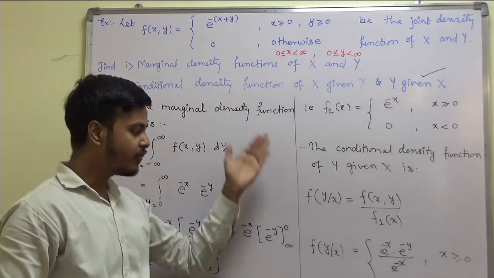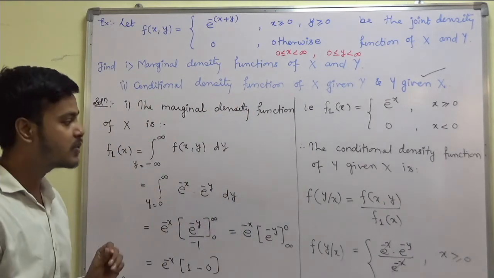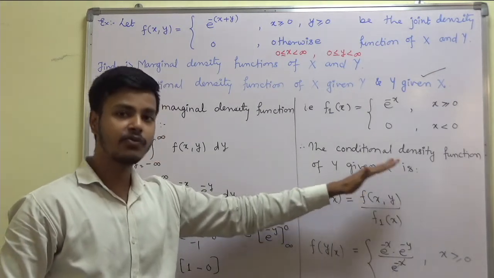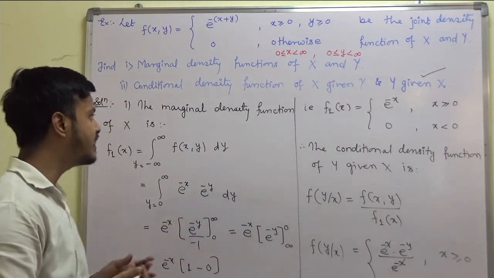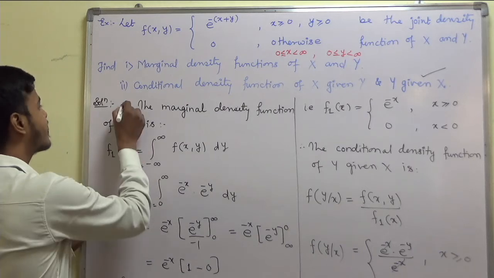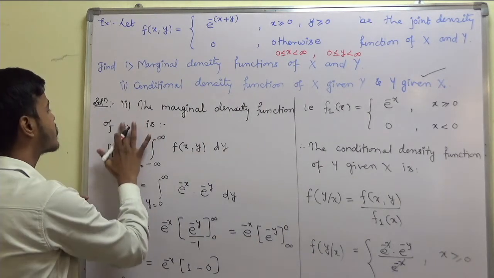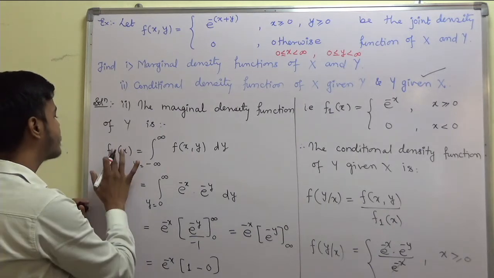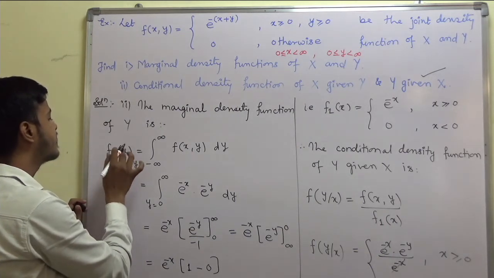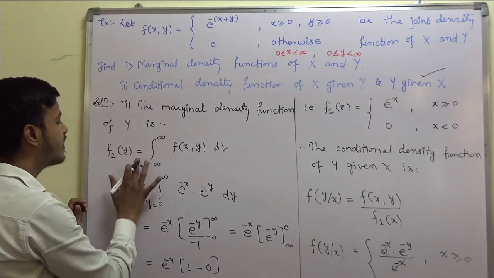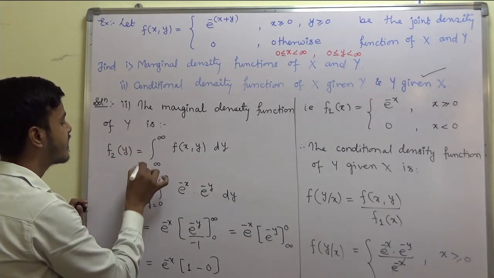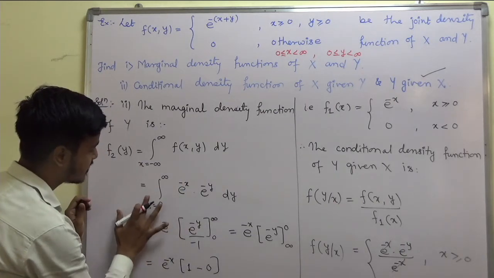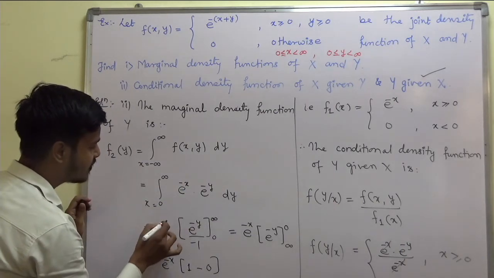Okay, now you can follow the same method to get the conditional density function of x given y. To find x given y, you need to find out the marginal density function of y. What is the marginal density function of y? It is denoted by f2 of y, and is given by the integral over x from minus infinity to infinity, which here is x equal to 0 to infinity.